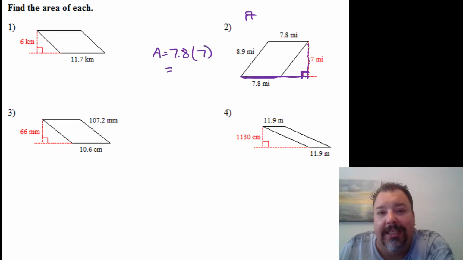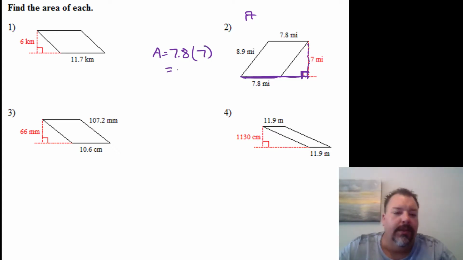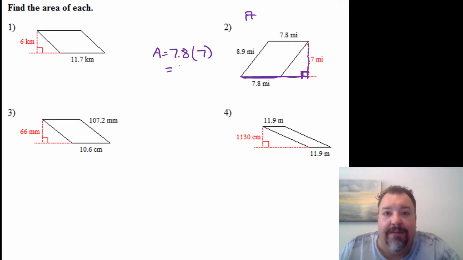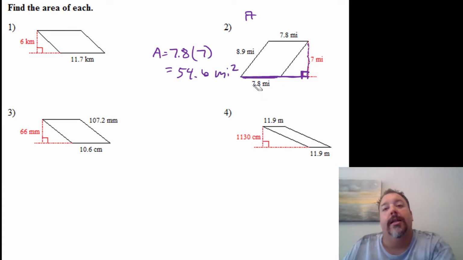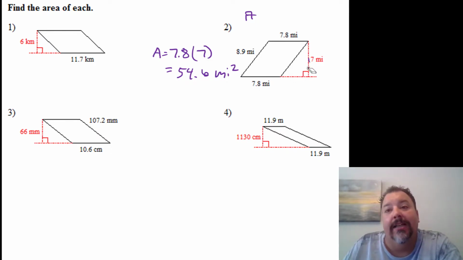We multiply those together. 7.8 times 7 comes out to 54.6. And that would be miles squared, because we're talking about area.